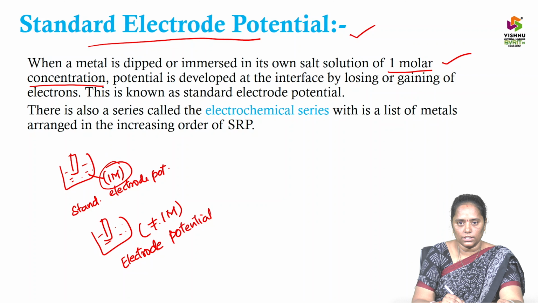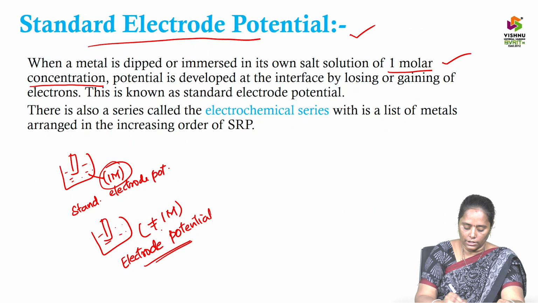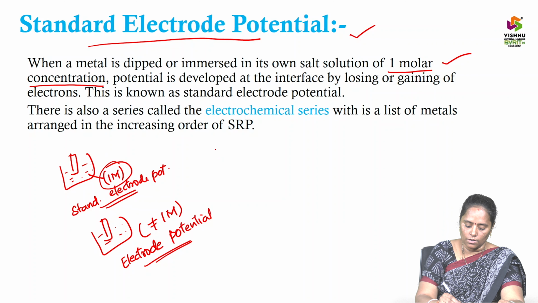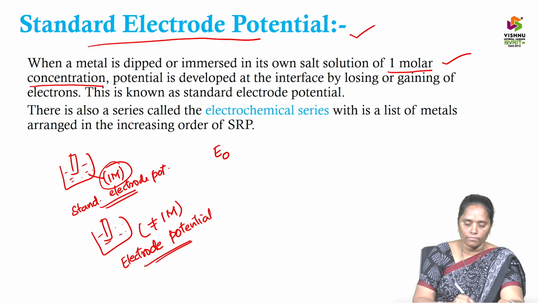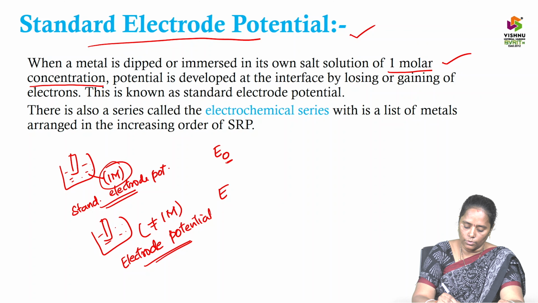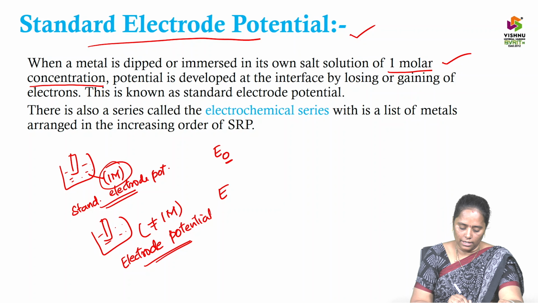Standard electrode potential is always represented as E naught. Cell potential we term only E. The naught represents standard values.